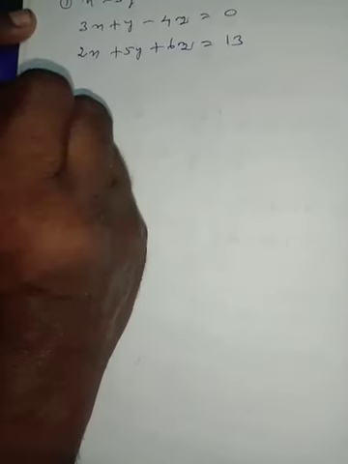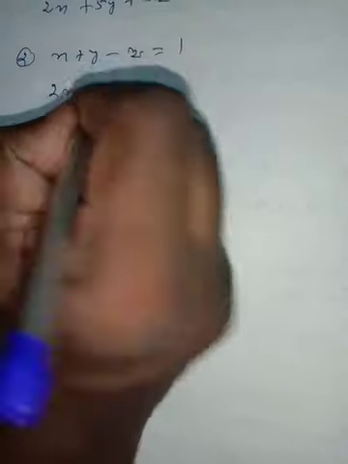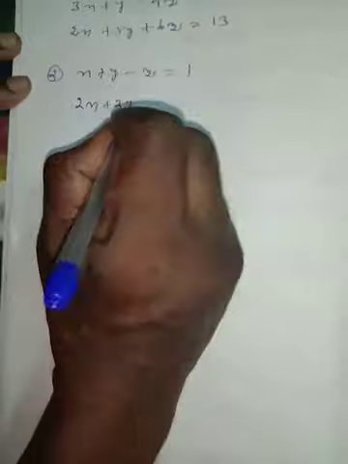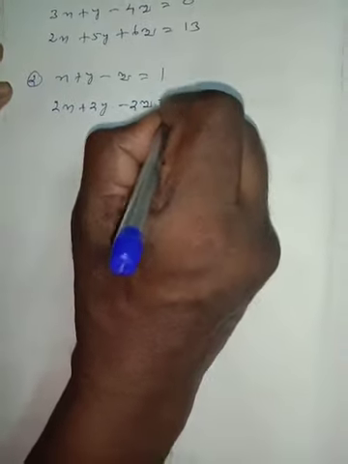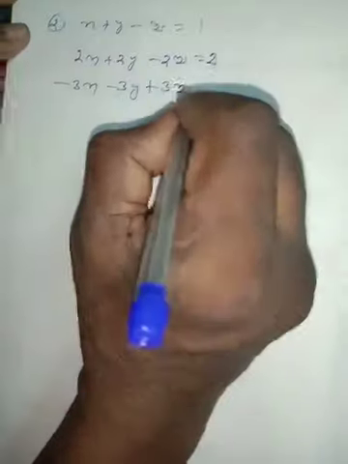Question number 2: x plus y minus z is equal to 1. 2x plus 2y minus 2z is equal to 2. Minus 3x minus 3y plus 3z is equal to minus 3.